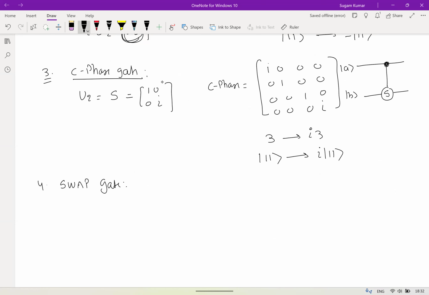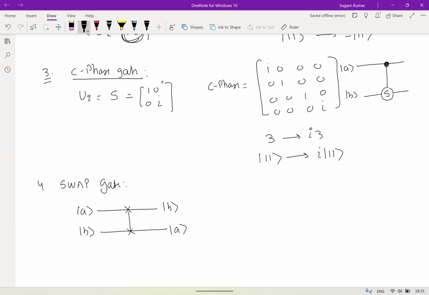The symbol we use is this one: this cross and this cross. So you have an A here, you have a B here, and after the swapping, A and B exchange places. So it changes everything.